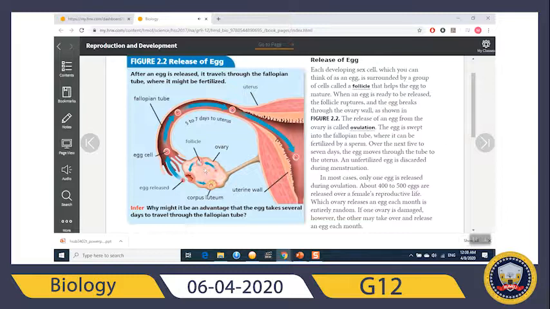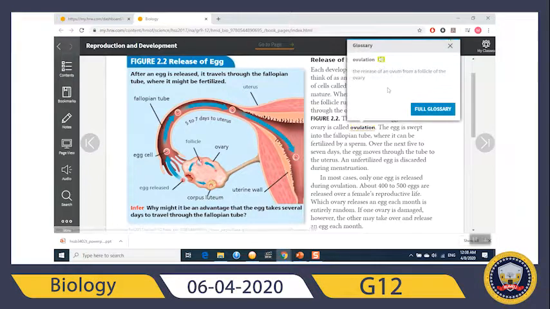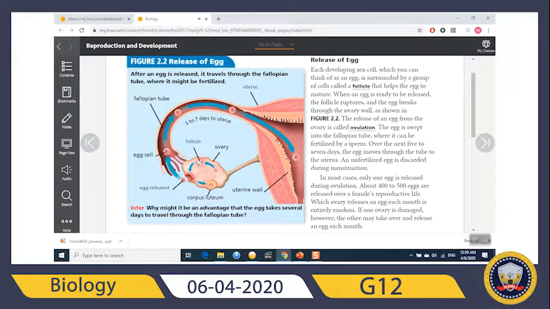So the follicle will envelop the egg at the start. And the ovulation process is basically the release of the egg from the follicle. So ovulation is the release of an ovum from a follicle of the ovary.